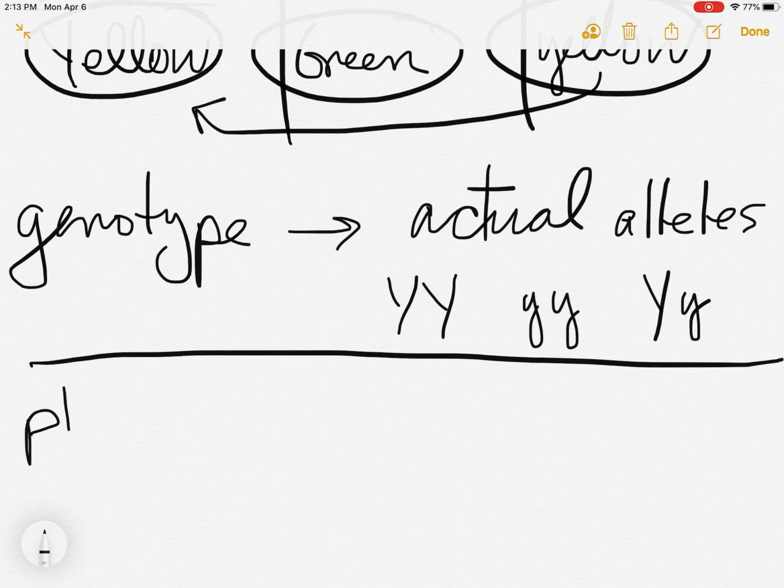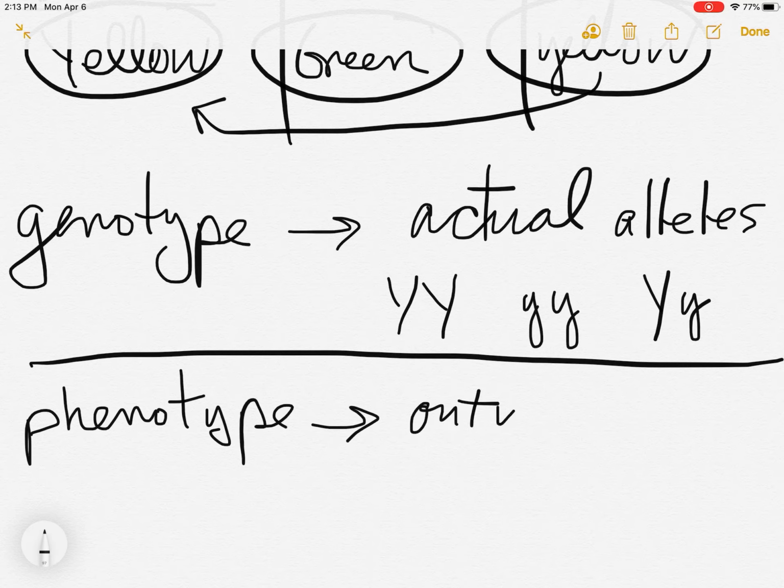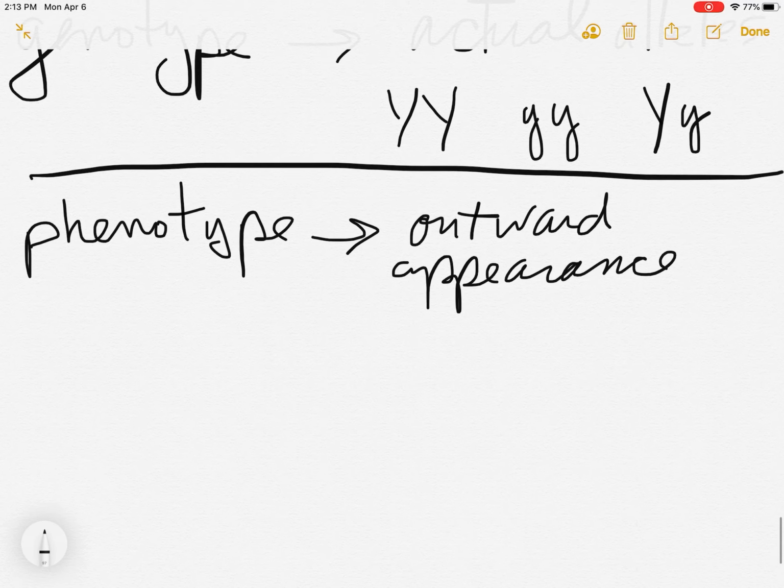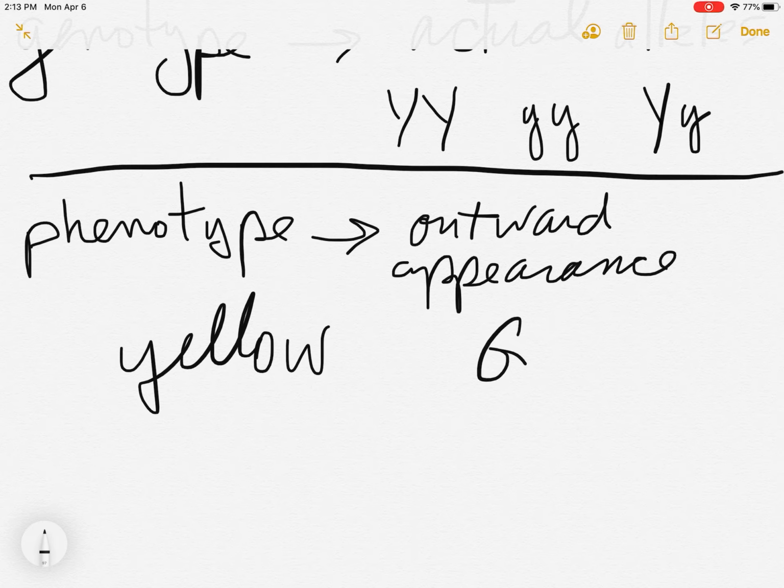But we also have a word called phenotype, spelled with a PH, which describes the outward appearance. So what we would have is yellow or green. That's what we would see with our eyes.